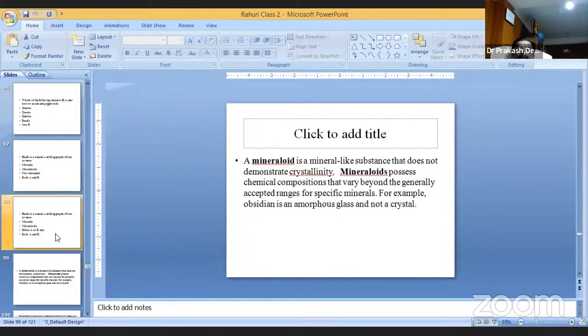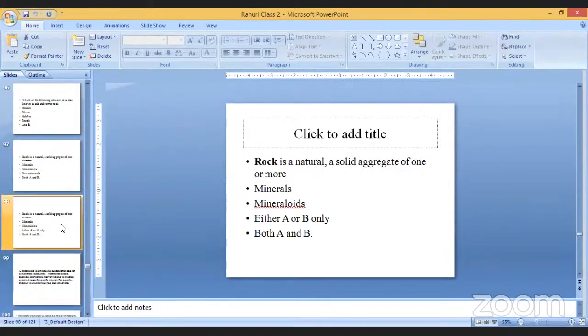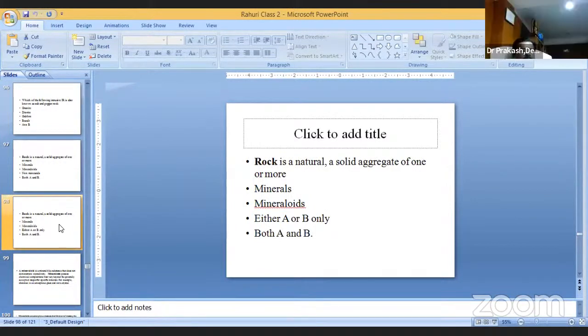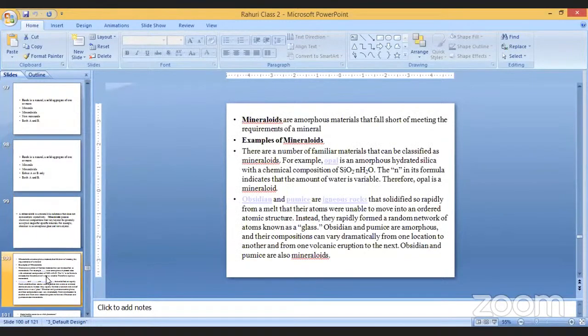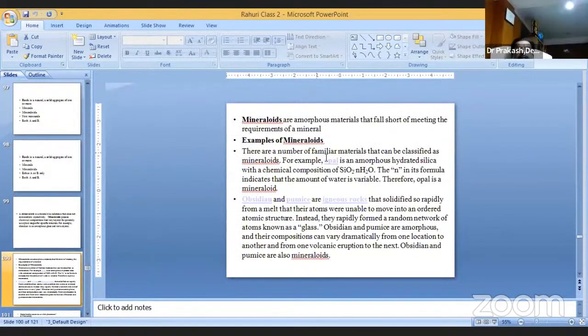So that being the explanation, what is your answer, either A or B? Yes, correct. Here I have just given the mineraloids example, and there are some more examples.